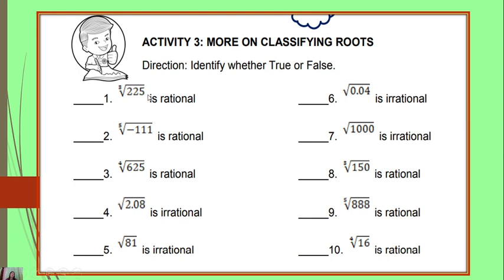Can we have 15? 15 times 15 is 225. But if you will multiply again by 15, it is more than 225. Therefore, cube root of 225 is not rational. So, your answer in number 1 is false. Okay, so ganun lang yon.